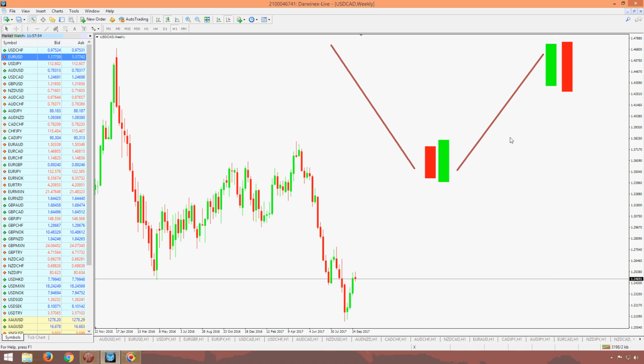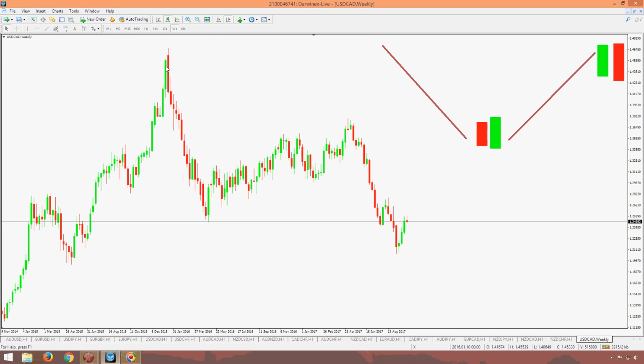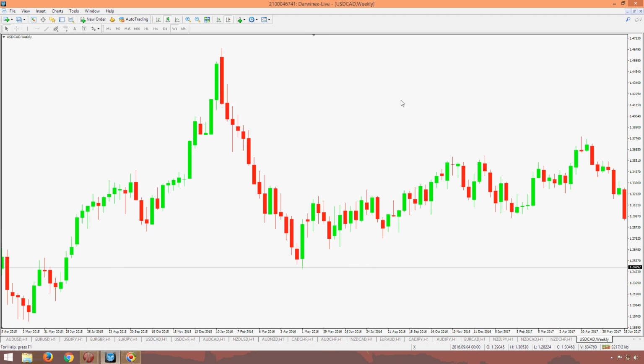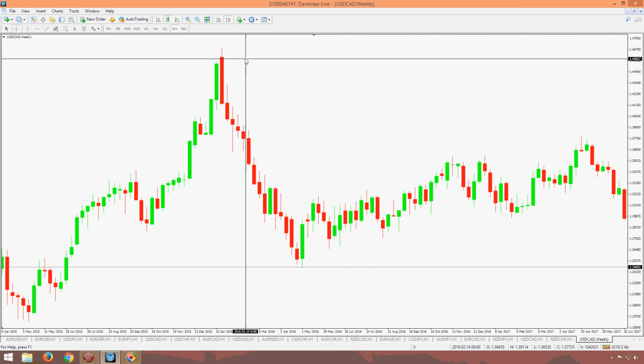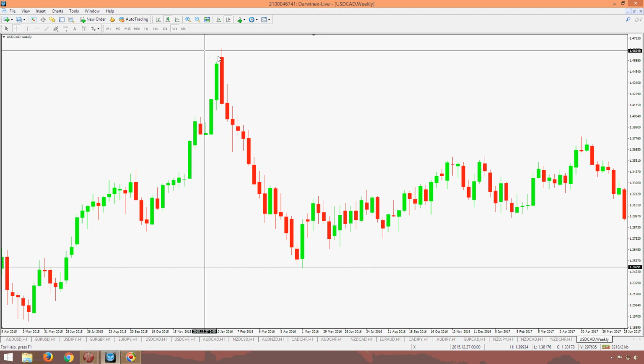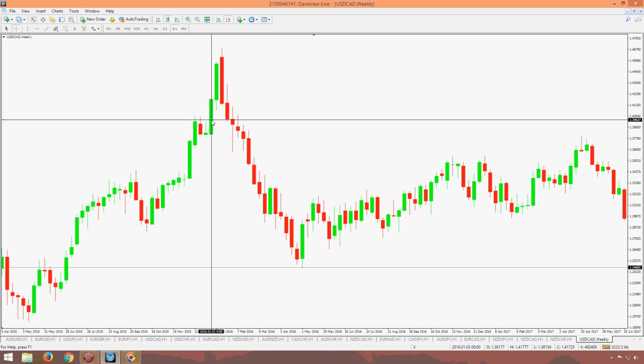An engulfing pattern is typically a subject for the stock market because when the stock market opens every day, there is a gap and therefore the pattern works nicely. But it works on the FX market as well. Let me show it to you right here on this US dollar Canadian chart. At the top of the 1.46, which is on the weekly chart, the market closed.